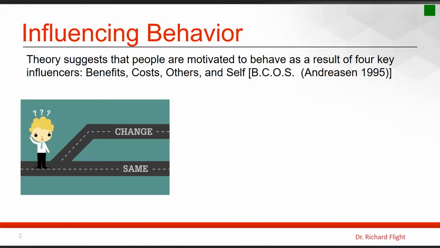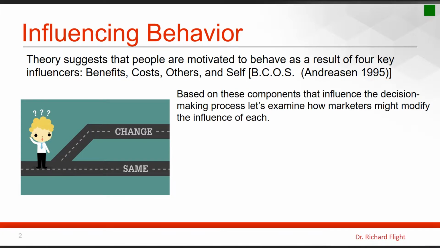Alrighty, so we're going to talk a little bit about influencing behavior, and if you'll recall, there's a model by Andreessen which deals with benefits that the customer or client receives, the costs they have to give up in order to receive those benefits, the external influences of others, and then the internal influences of the consumer's perception of themselves, either their current self or their perceived future self, the BCOS model.